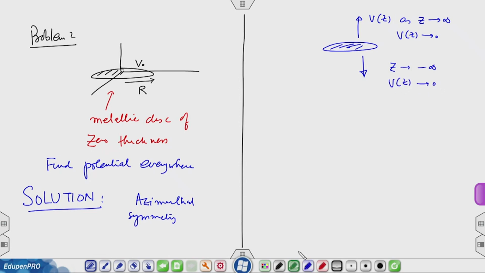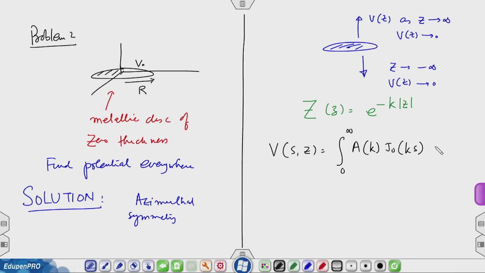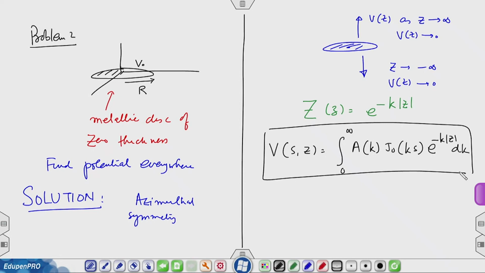And therefore, I can easily write that z should be e raised to minus k mod z. And therefore, the solution V(s, z) will be of the form integral 0 to infinity some coefficient A(k) J 0 k s e raised to minus k mod z dk.